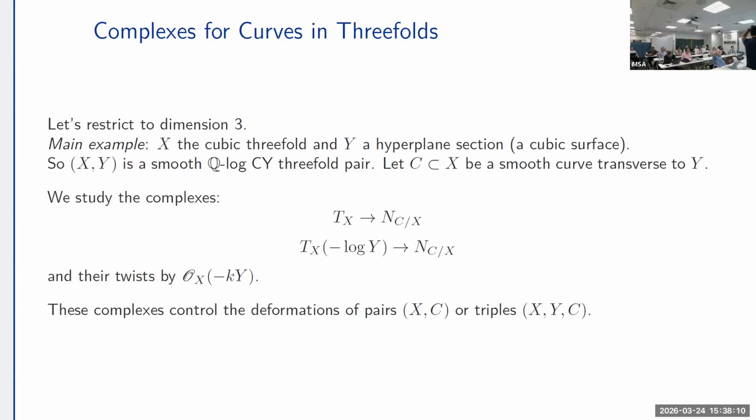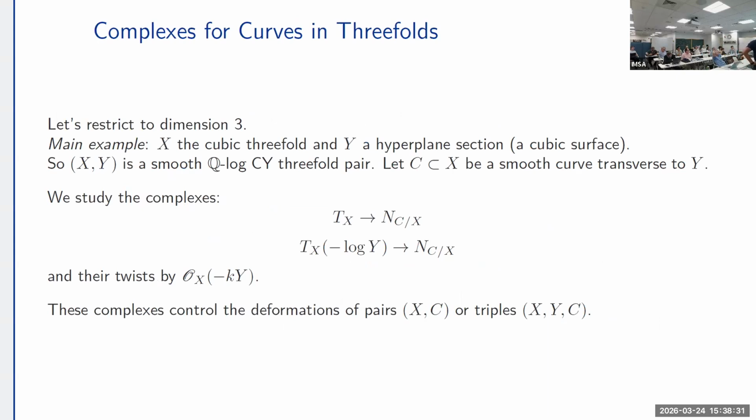So now, again, I want to consider curves inside, let's go to threefold again. So now I want to consider the deformations of anchored curves, or relative curves if I want to think of them inside the open part. So I have two complexes.